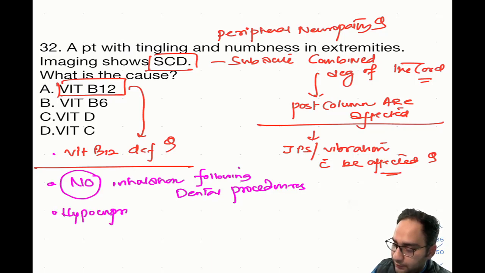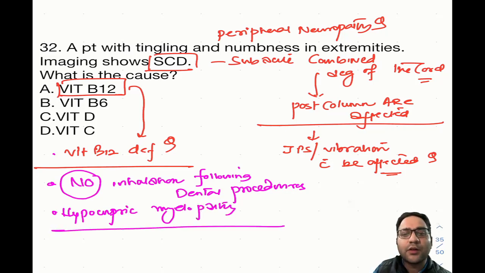Hypocupric myelopathy can also give rise to subacute combined degeneration of the cord. So here the answer is vitamin B12, but you should also remember the other causes, as the question can be twisted. They can give you a clinical scenario that after a dental extraction the patient develops the following symptoms, right?